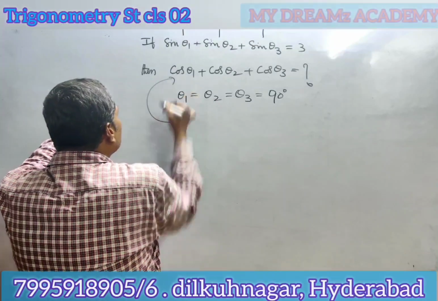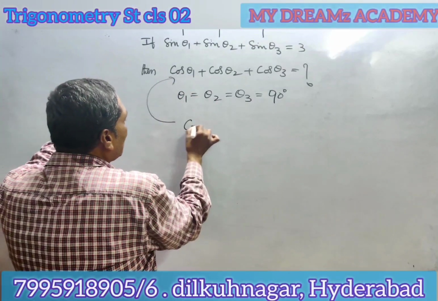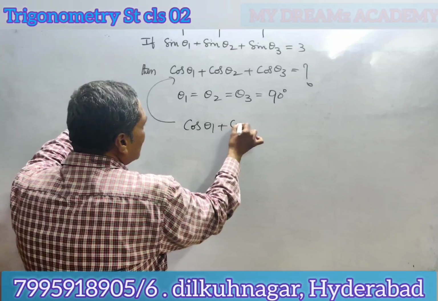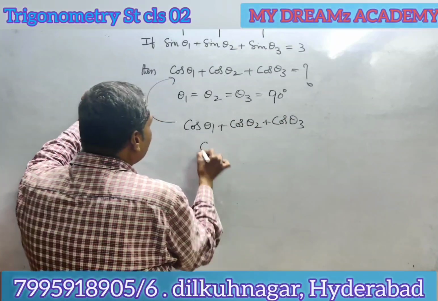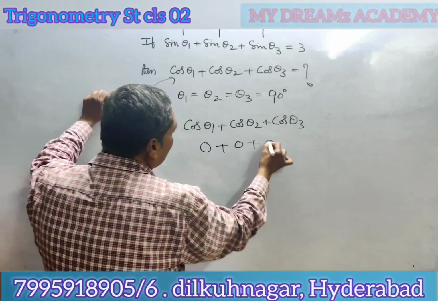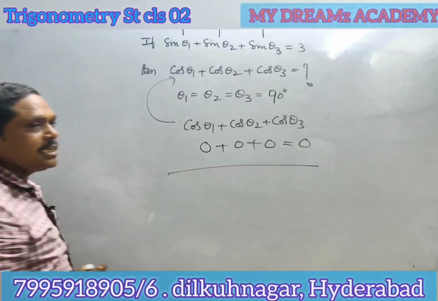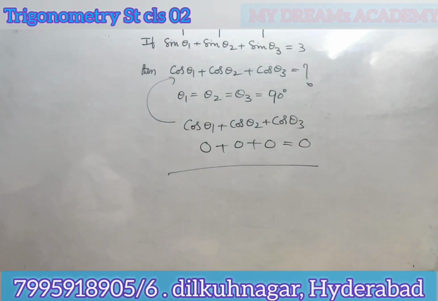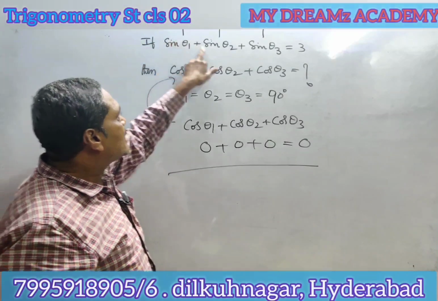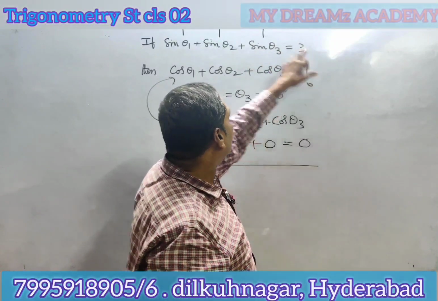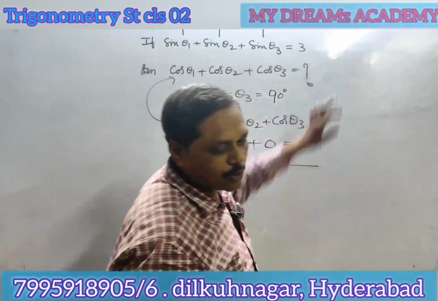Now substitute this in cos theta 1 plus cos theta 2 plus cos theta 3. Cos 90 is 0, cos 90 is 0, cos 90 is 0. Therefore the answer is 0. Is it clear? If the number of sin terms is n, then the number of cos terms is 0.